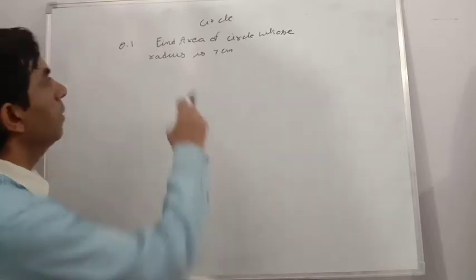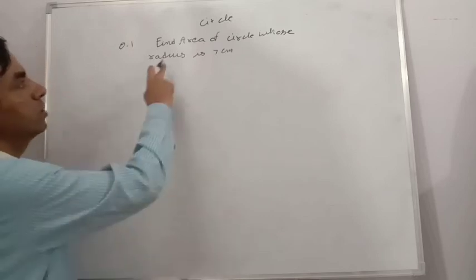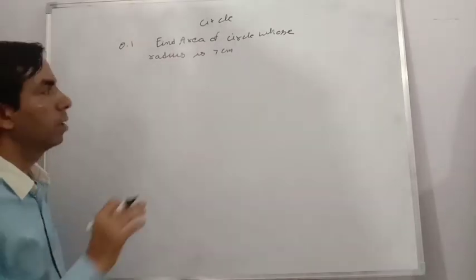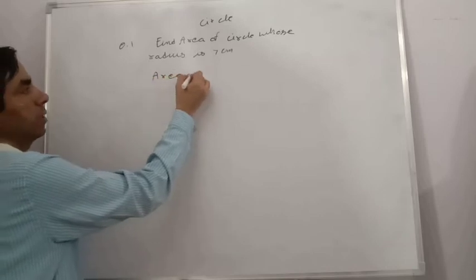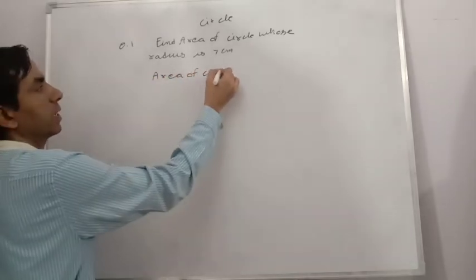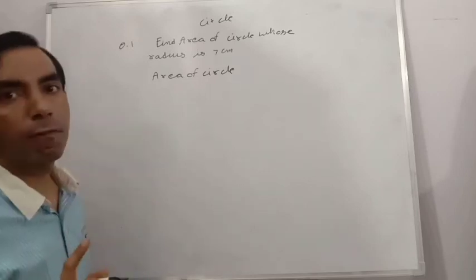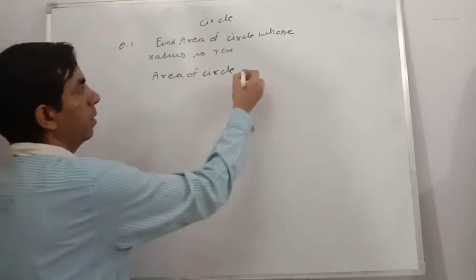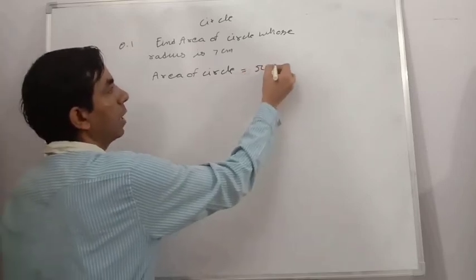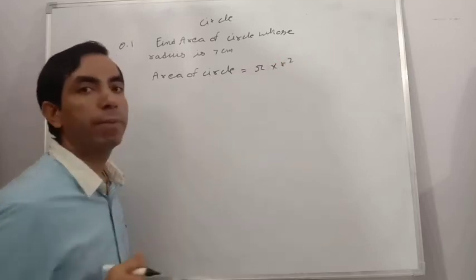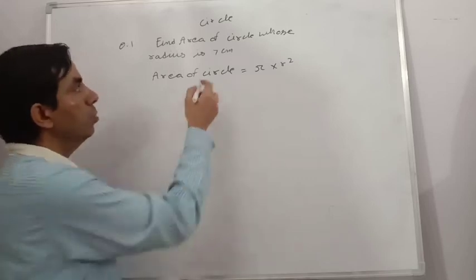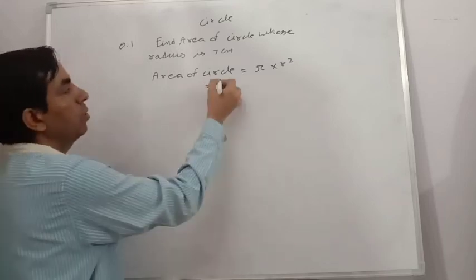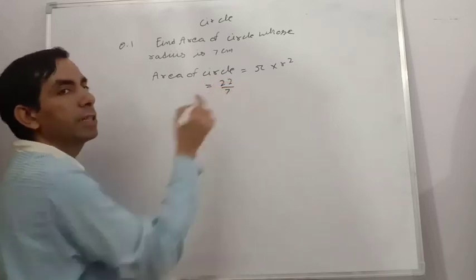Here we are given: find the area of circle whose radius is 7 cm. We know that the area of circle formula is pi r square, where pi is a fixed value and r means radius. Pi value is 22 upon 7 or 3.14.